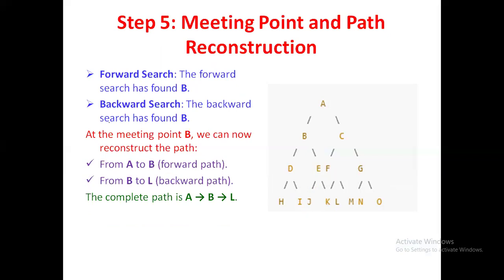Forward path from A to B, and backward path from B to L. So thus the shortest path between A and L is A to B, B to L. The bidirectional search successfully finds the path without having to explore the entire graph, making it a highly efficient approach.